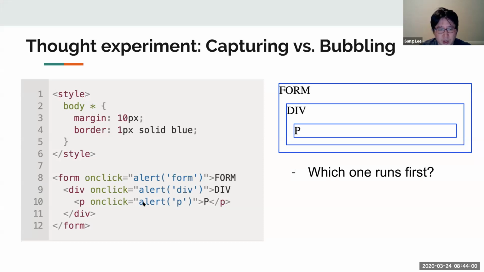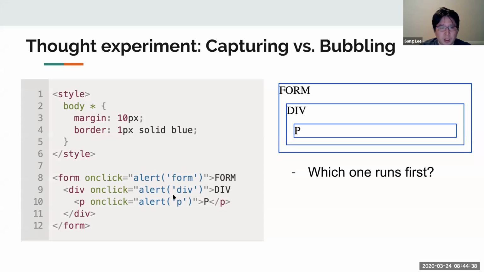And imagine that we have 3 event handler functions, in this case 3 JavaScript functions that run the alert function. So the question is, which one is going to run? Imagine that I pressed P. Is it going to run the whole thing, all 3 different handlers, or just P? Because of event propagation, it's going to run all 3.